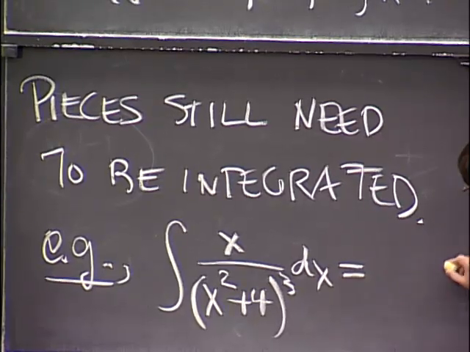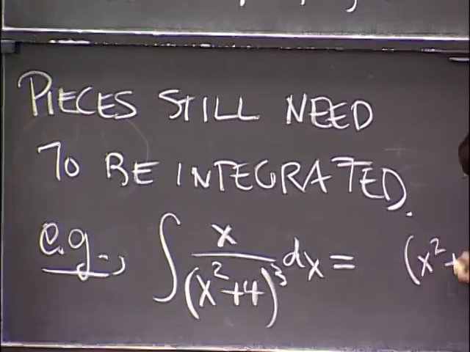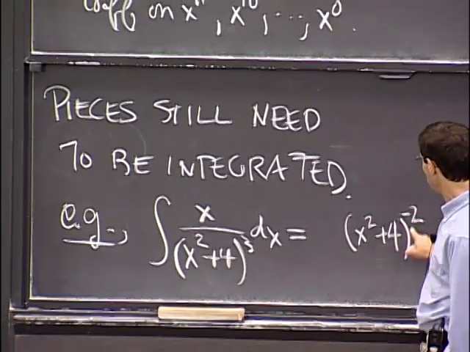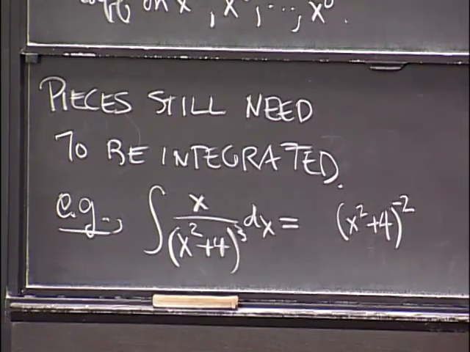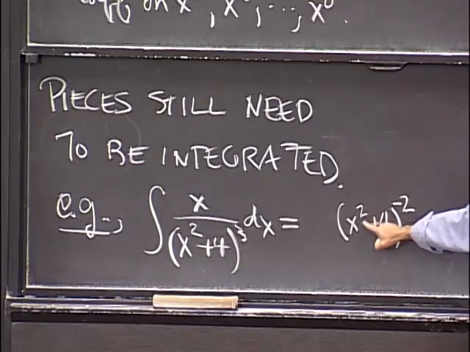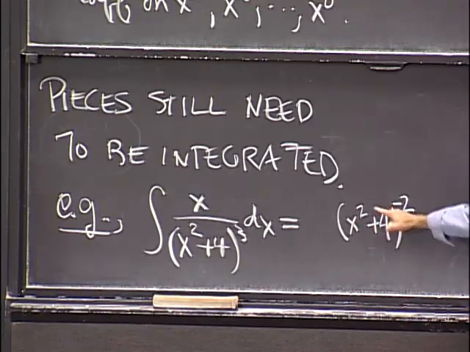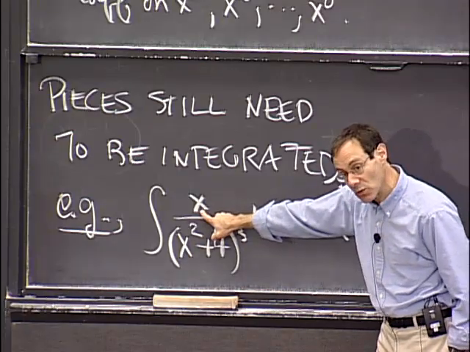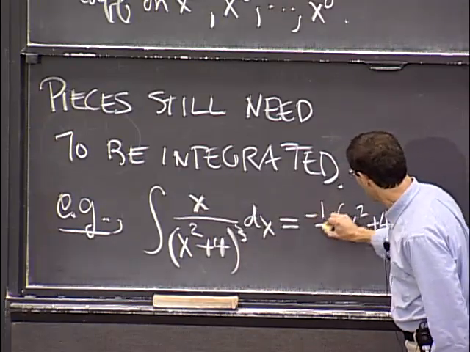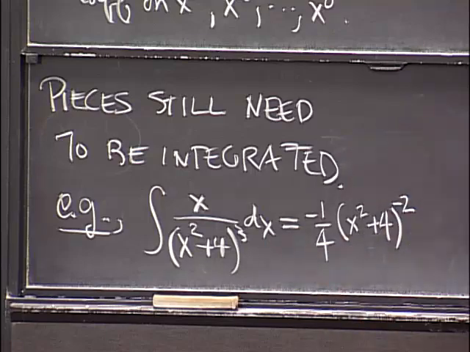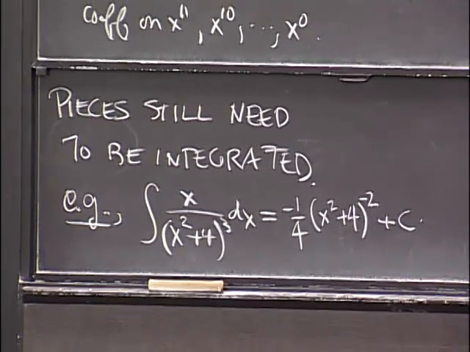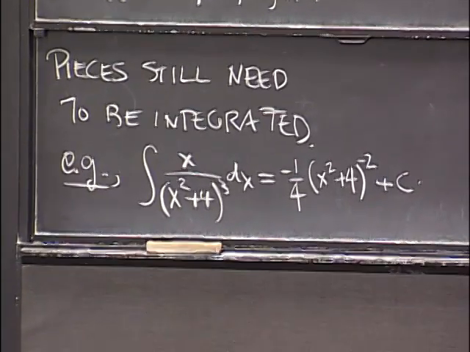You realize that it's going to be of the form x squared plus 4 to the power -2, roughly speaking. And now we're going to fix that, because if you differentiate it, you get 2x times the -2. That's -4 times x times this. There's an x in the numerator here. So it's -1/4 of that that will fix the factor. And here's the answer for that one. All right, so that's one that you can do.